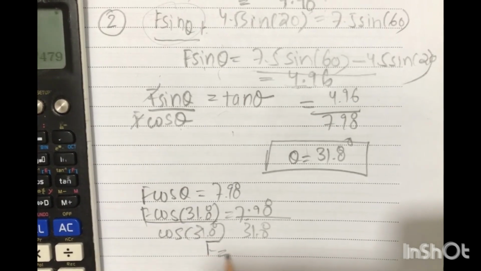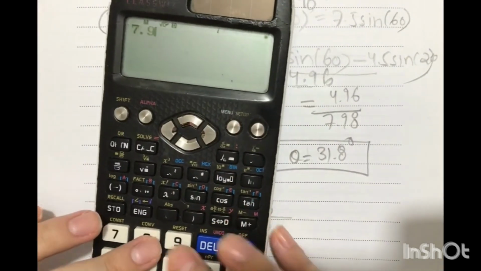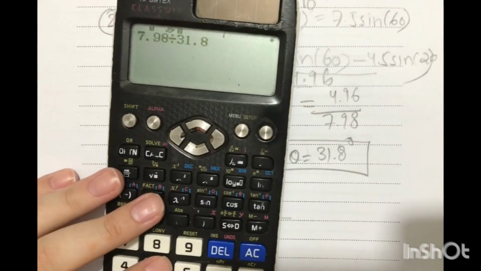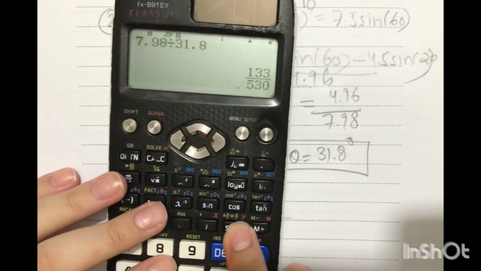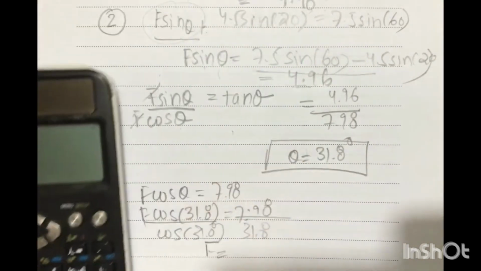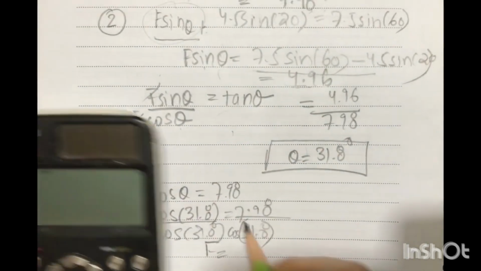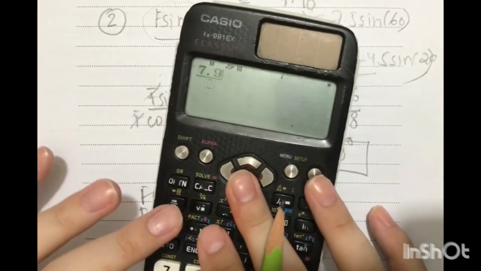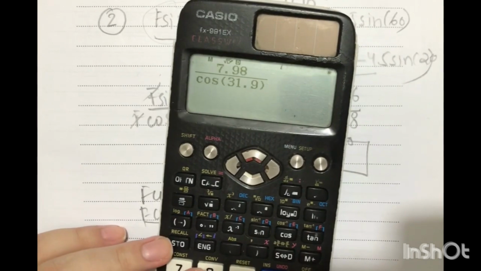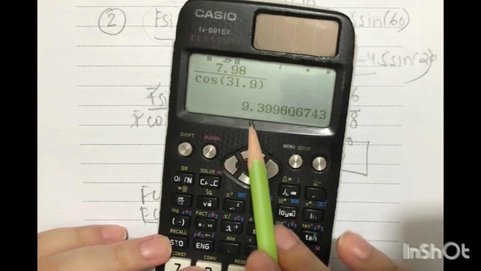We know that F is equal to 7.98 divided by, it's divided by cos 31.8, my bad. So 7.98 divided by cos 31.8, which is 9.39.